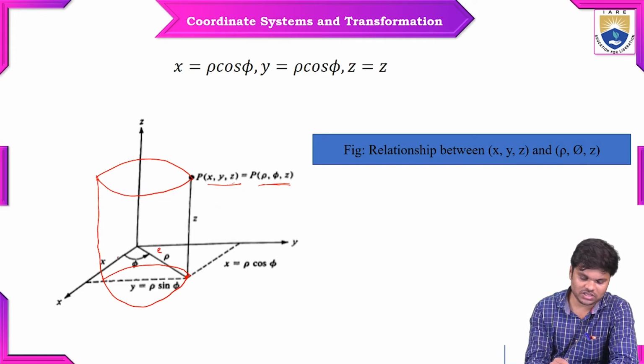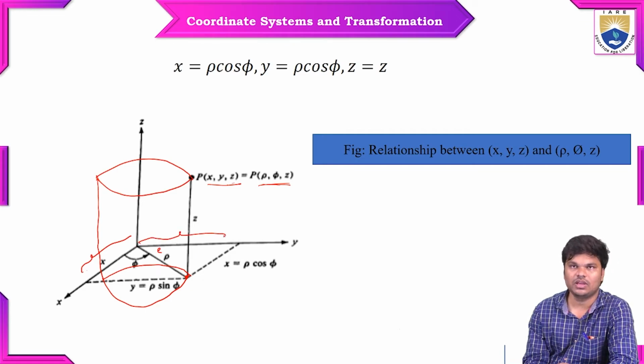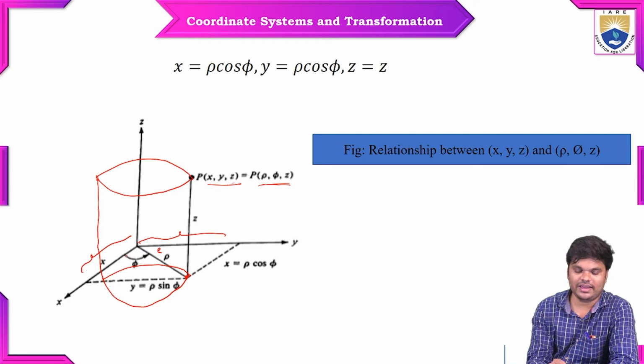This is my x component x, and this is my y component y. This is the angle phi made from the x-axis, and this is rho. The component of rho along the x-axis is x equal to rho cos phi.